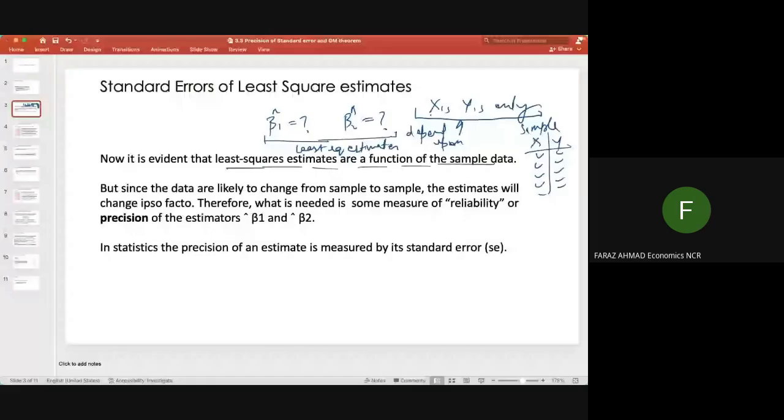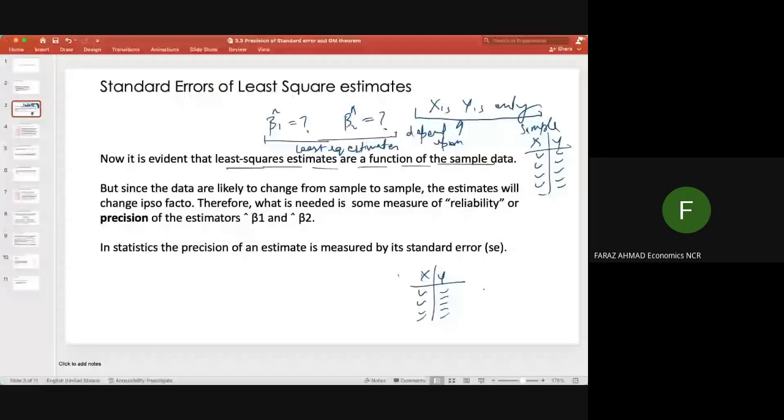So your beta 1 hat and beta 2 hat depend on the sample you have collected and the values that your two variables are taking. If you change the sample, your betas will change. If you collect another sample on the same two variables from the same population, you will get different values of x, and therefore different beta 1 hat and beta 2 hat than before.